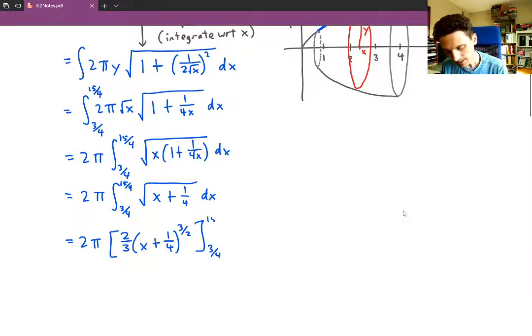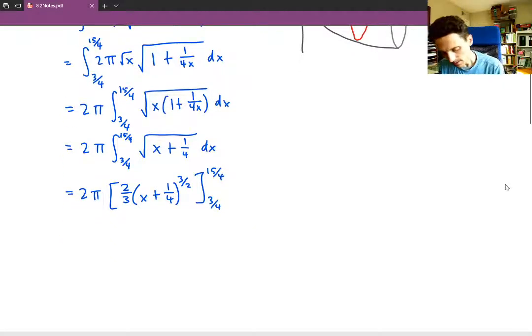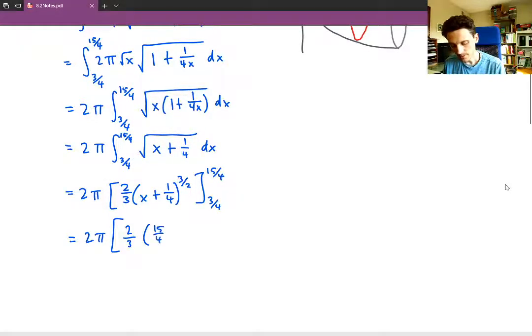So take that antiderivative from 3/4 to 15/4. And then we can plug in. So we have 2/3 times 15/4 plus 1/4 to the 3/2, minus 2/3 times 3/4 plus 1/4 to the 3/2.